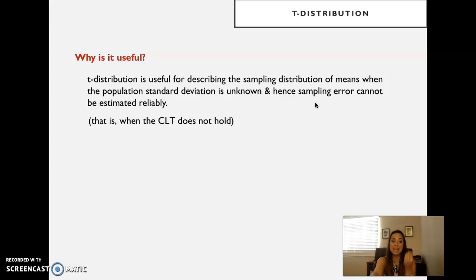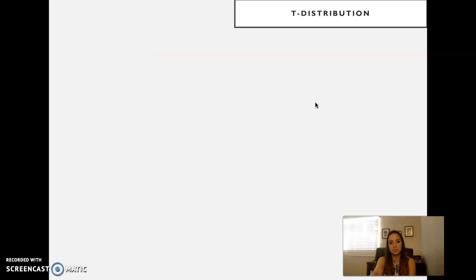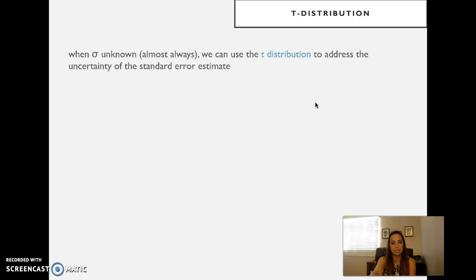So we cannot apply the central limit theorem to construct the sampling distribution, and we need something else to put in place. When the variance is unknown, which is almost always, because almost always we don't have a super large distribution that's not very skewed, we can use the t-distribution to address the uncertainty of the standard error estimate.